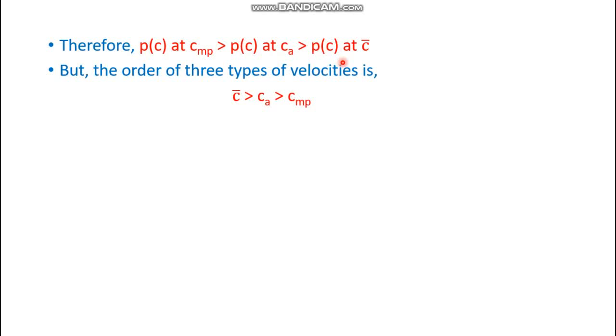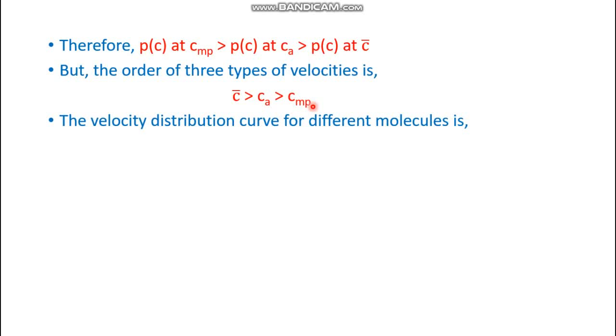So the number of molecules having the RMS velocity is lowest in comparison to the number of molecules having the average velocity, and in further comparison to the number of molecules at Cmp. That is, the most probable number of molecules occupy here. But the velocity is in the reversed order. This one has the highest velocity: root over 3kT by small m. This is root over 8kT by pi small m, and this is root over twice kT by small m.